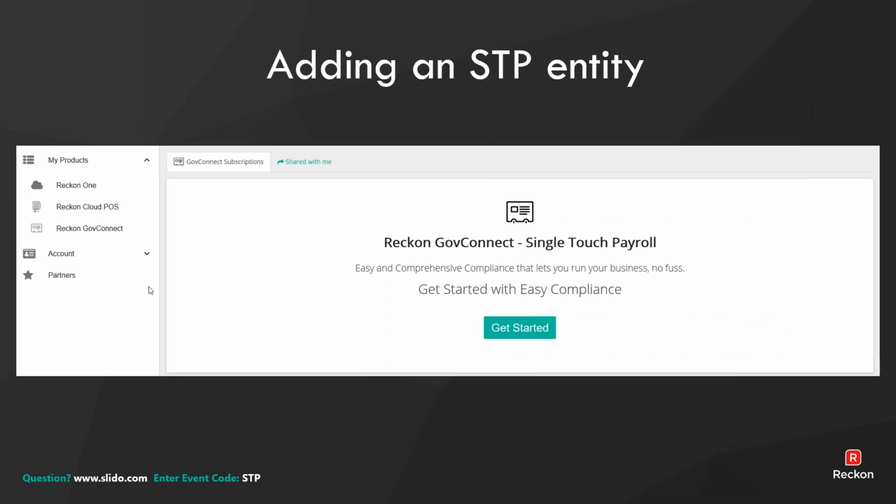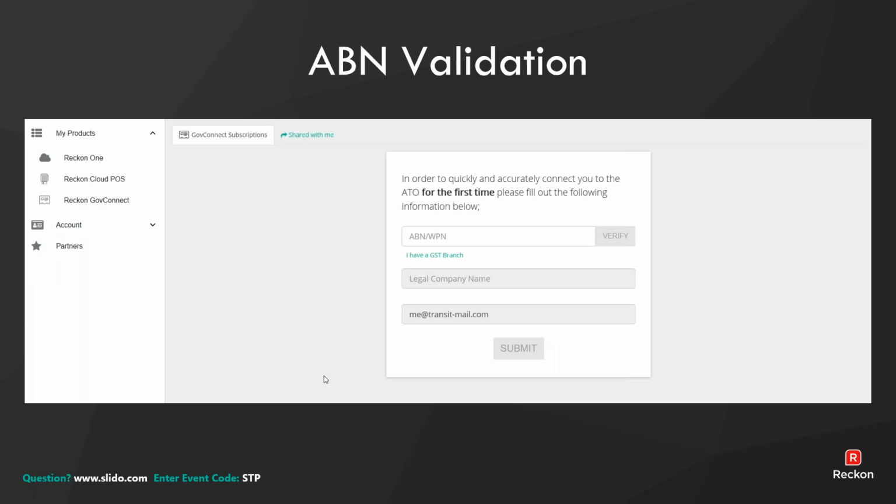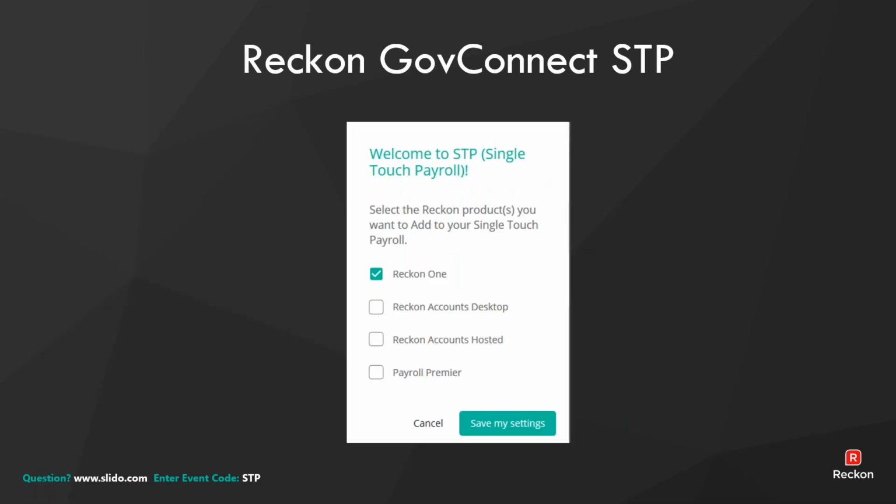Okay, so once you've got MFA set up and the recovery PIN, you can then add your STP file. So you enter in your ABN and then click on verify, and then you can submit. Once you've submitted, it'll basically launch the GovConnect platform.